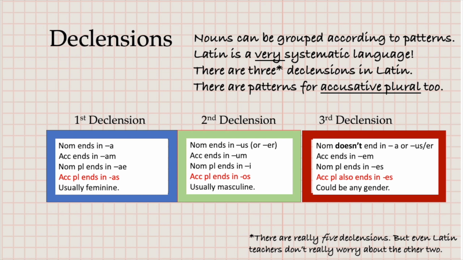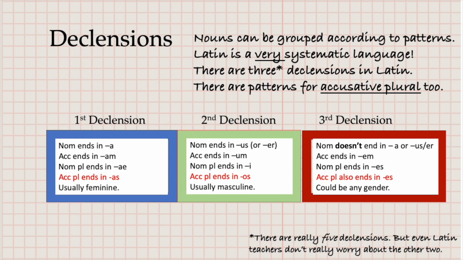You'll remember that nouns can be grouped according to patterns, because Latin's a very systematic language. There's 3 declensions in Latin, and there's patterns for the accusative plural, just like there was for the accusative singular and the nominative plural. You'll remember that the first declension is characterised by the a ending, which goes to am in the accusative singular, and ae in the nominative plural, and that goes to as in the accusative plural, so it's still got a letter A in it.